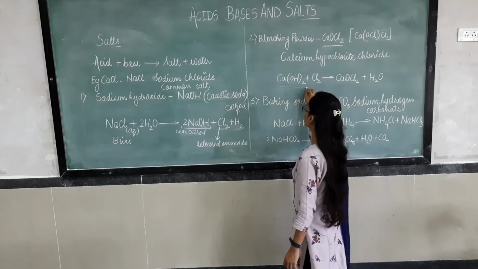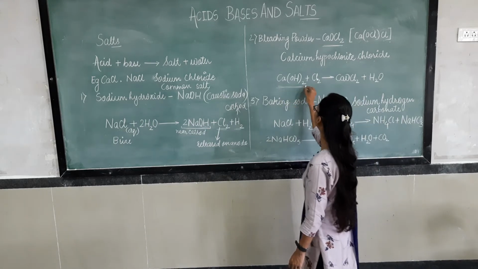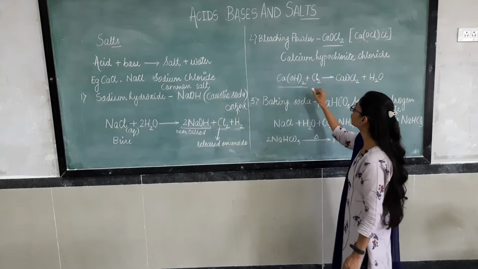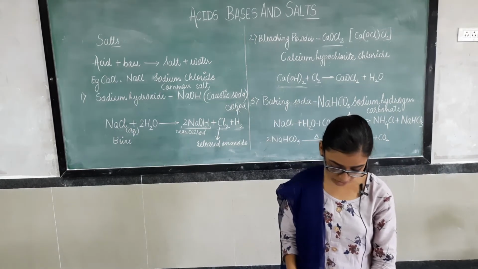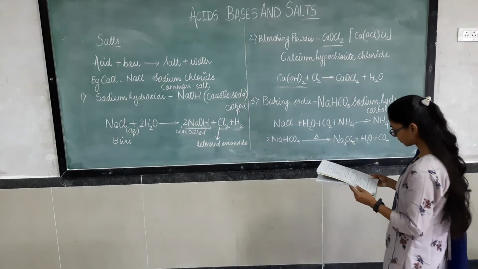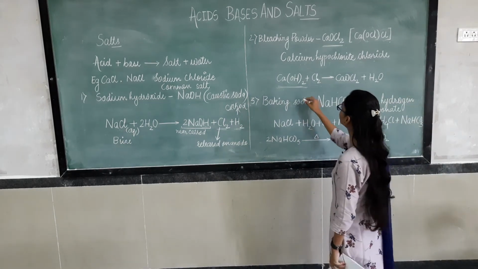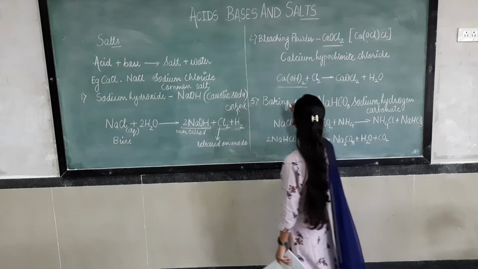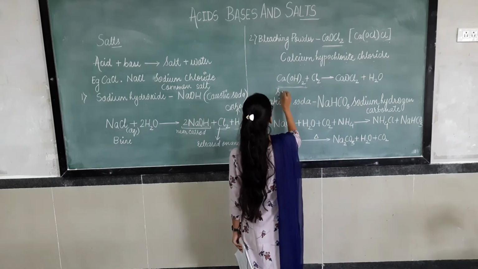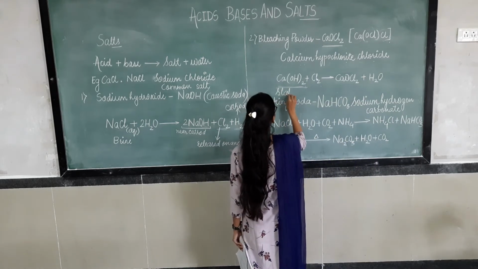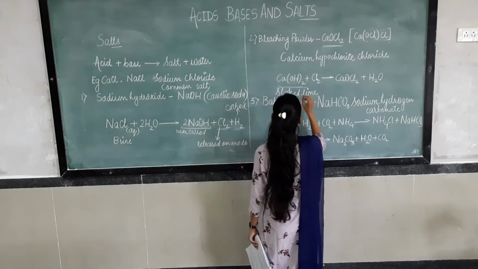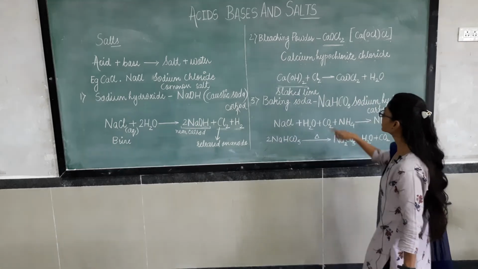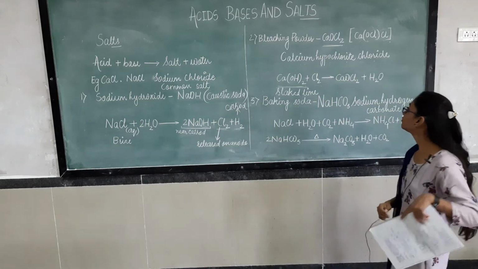Calcium hydroxide. This calcium hydroxide, when it is reacted with chlorine, this calcium hydroxide is known as what? Calcium hydroxide is slaked lime. When this slaked lime reacts with chlorine, what does it form?